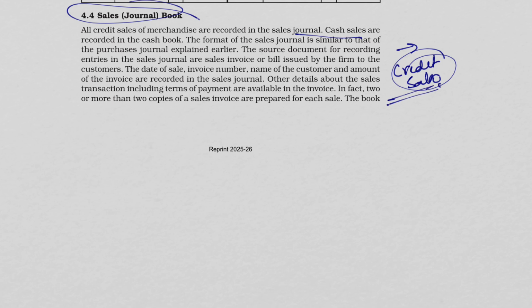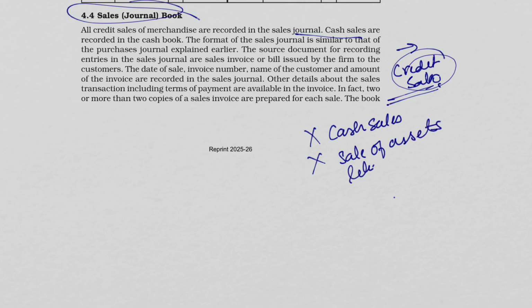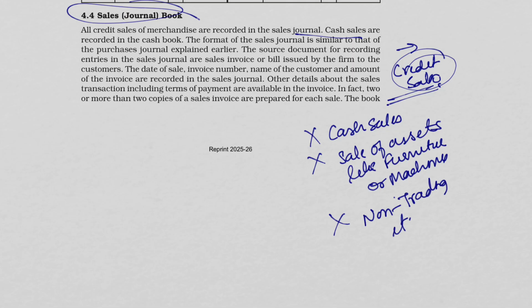This point is extremely important because it records only sale of goods and only credit sales. It does not record cash sales. It does not record any sale of assets like furniture or machinery. It does not record any non trading items.